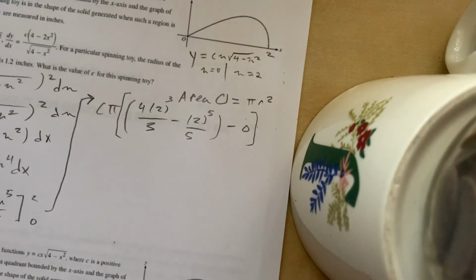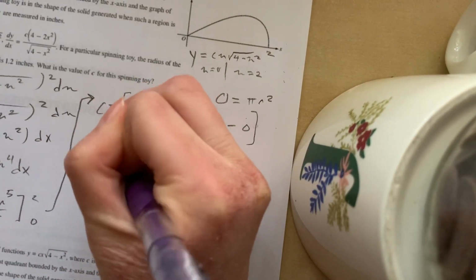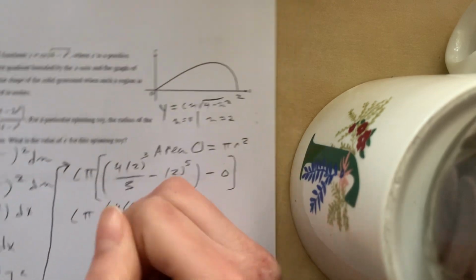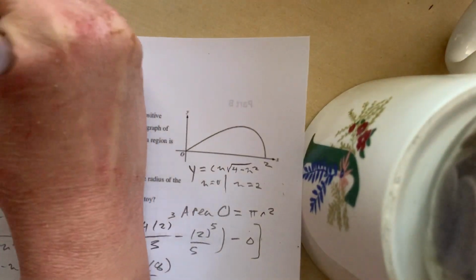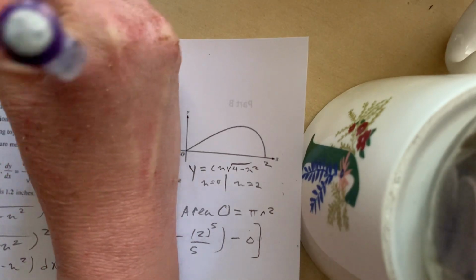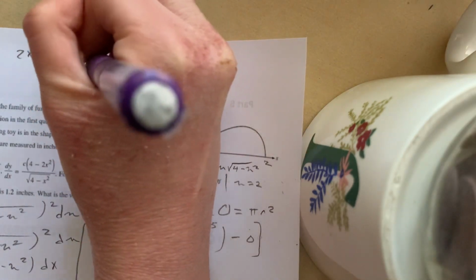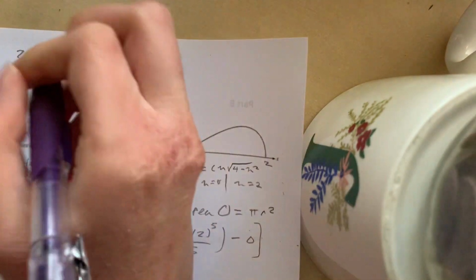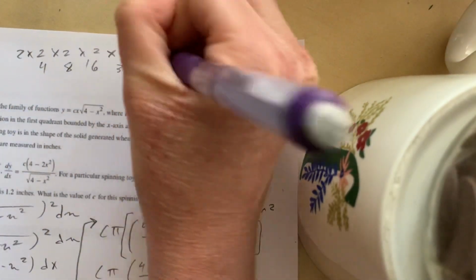So then we need to simplify this. 2 cubed is 8, so we're going to do over 3, and then 2 to the 5th power, I believe, is 64, but I need to check, so I'm going to do some math at the top here. 2 times 2 is 4, times 2 is 8, times 2 is 16, times 2 is 32, and one more time, it'll be 64.